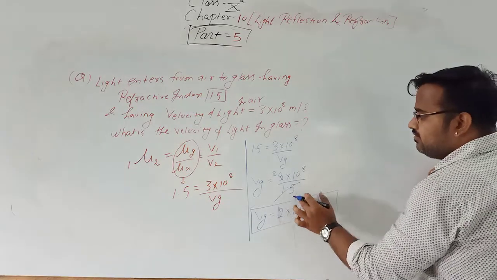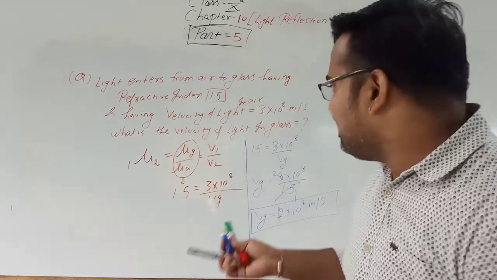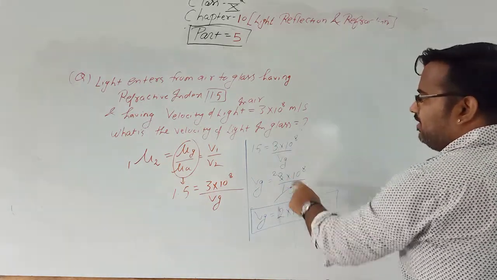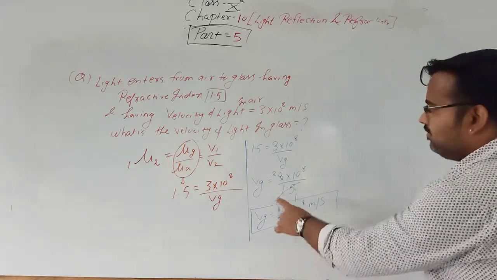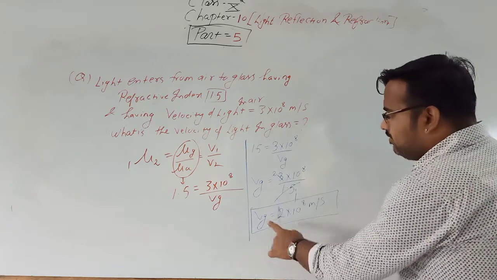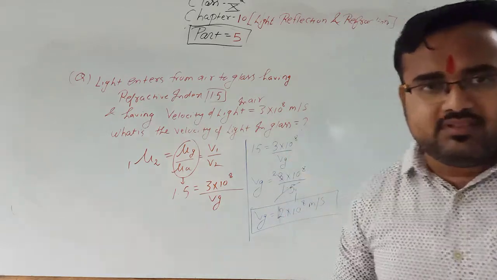Very easy question. You can write this one: 1.5, the refractive index, equals 3 into 10 raised to 8 upon velocity of light in glass. So velocity of light in glass is 3 into 10 raised to 8 upon 1.5. Clear? You can copy this question.